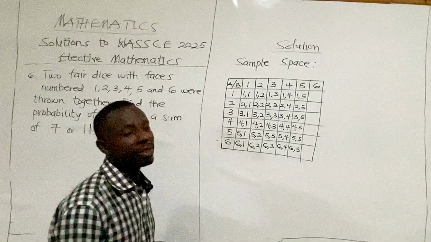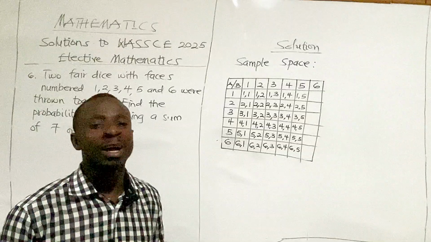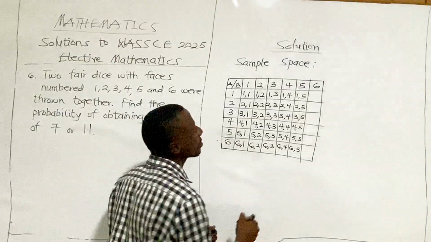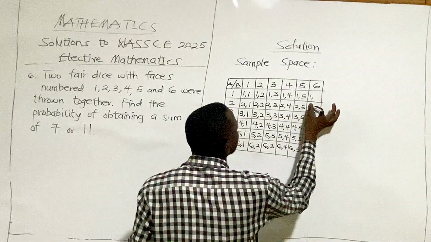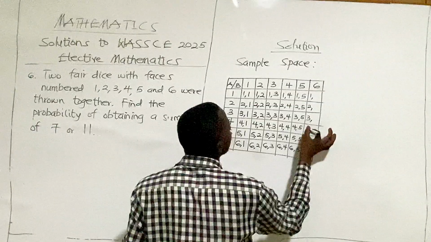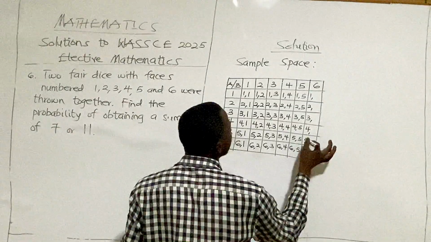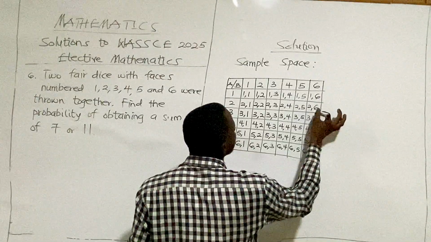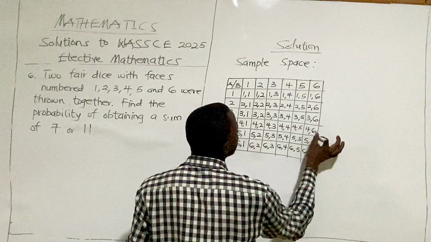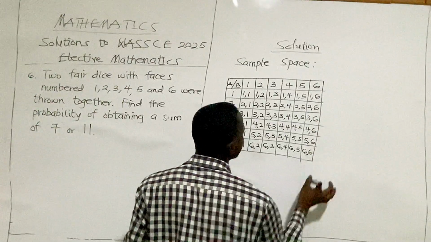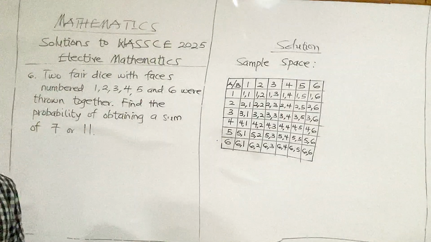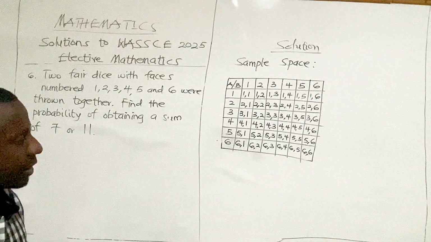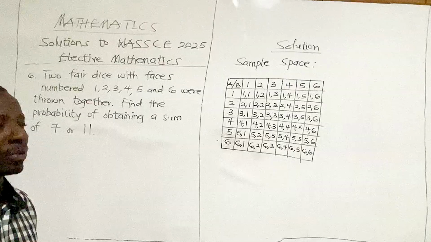Now we are at the last column: 1, 2, 3, 4, 5, 6, comma. So 6, 6, 6, 6, 6, 6. And this will be your sample space when you are dealing with the table.